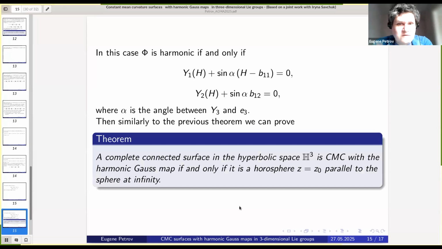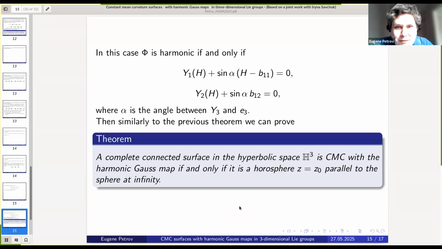So this allows us in the same fashion to prove the following theorem: a complete connected surface in H3 is CMC with a harmonic left invariant Gauss map if and only if it is a sphere of the form z equals z0. So it's a sphere parallel to the sphere at infinity.